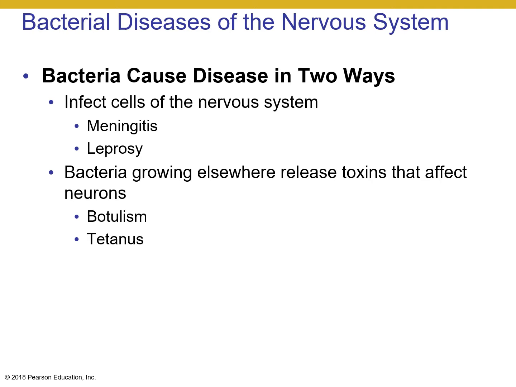So usually what we see is meningitis or leprosy. I'm not going to see leprosy in the United States except maybe in the leper colony. And then bacteria growing that release toxins, and these toxins will then affect the nervous system. And so that'll be botulism and tetanus.